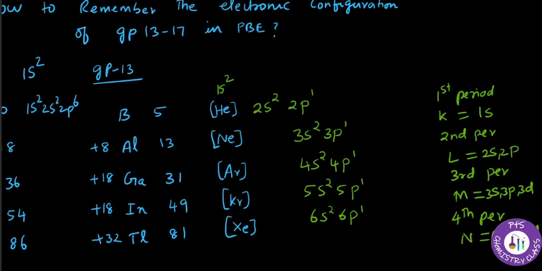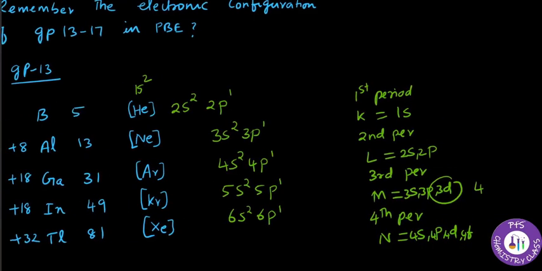What you should remember is that 3d will come before 4s. You have to remember this. Now if you see here, 3d will come before 4s, and 4d will come before 5s, and 5d will come before 6s.